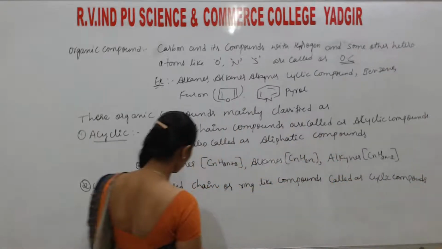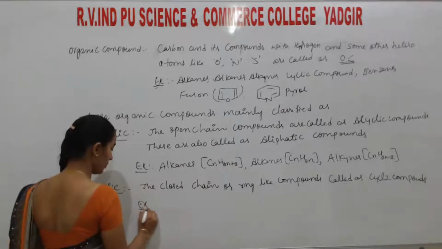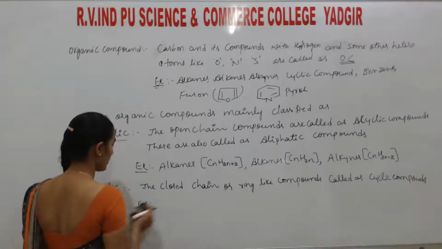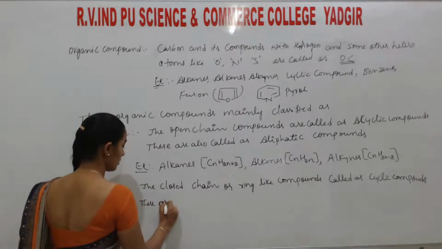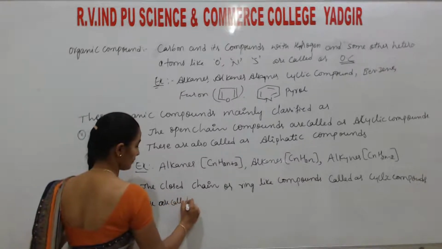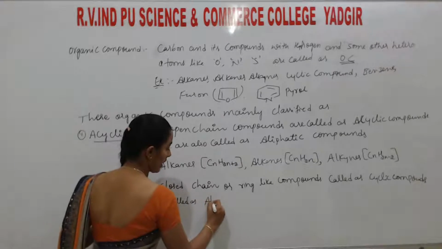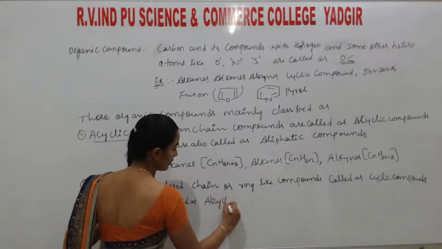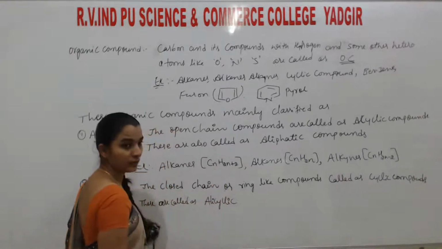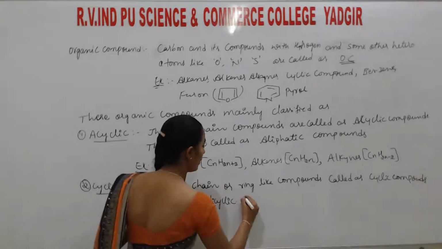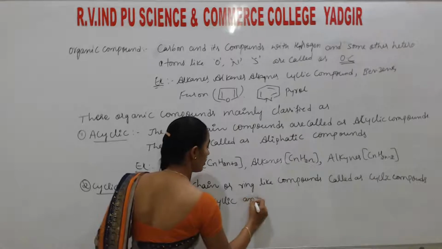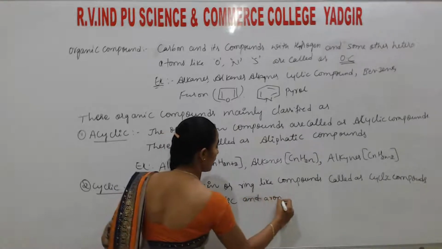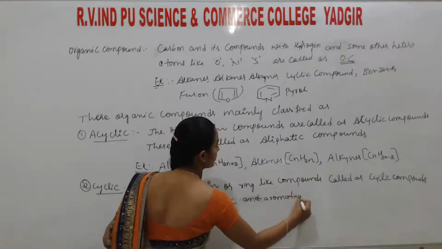So students, in this cyclic class, let's take an example. These may be alicyclic and aromatic, both.